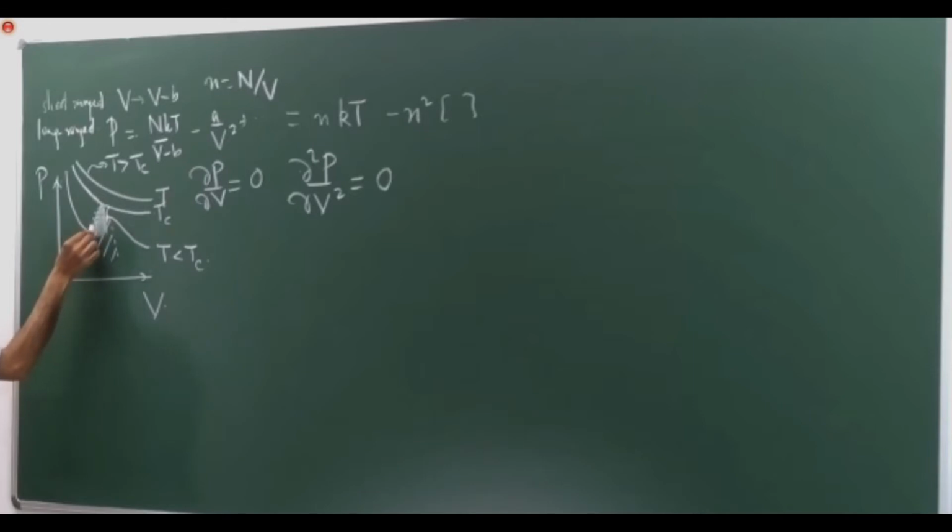On this edge and to the left you have the liquid phase, and in between you have a coexisting phase over here. So that curve, the boundary, is the coexistence curve, and in between is a coexisting region of liquid and gas, which van der Waals cannot handle.